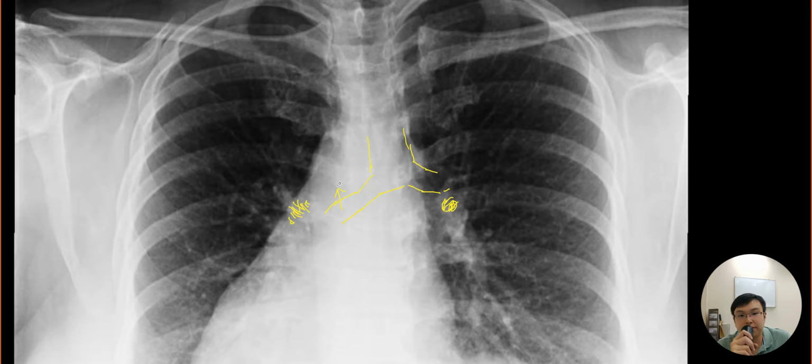We would expect it to be higher than the bronchus on the left side, but now it's lower, and then the inverse relationship is also seen on the right side. Now the pulmonary artery is higher up than the right main stem bronchus, okay? So basically there is situs inversus involving the bronchopulmonary situs as well.